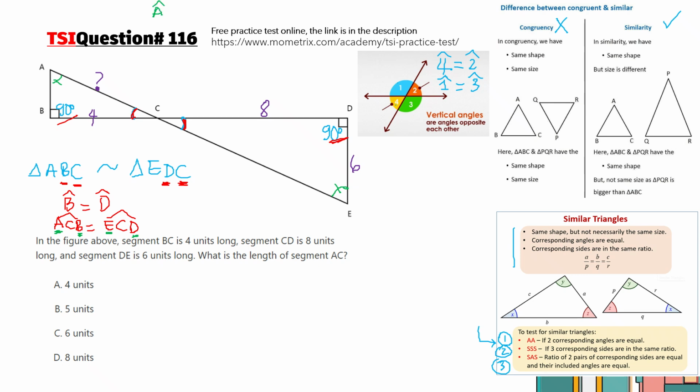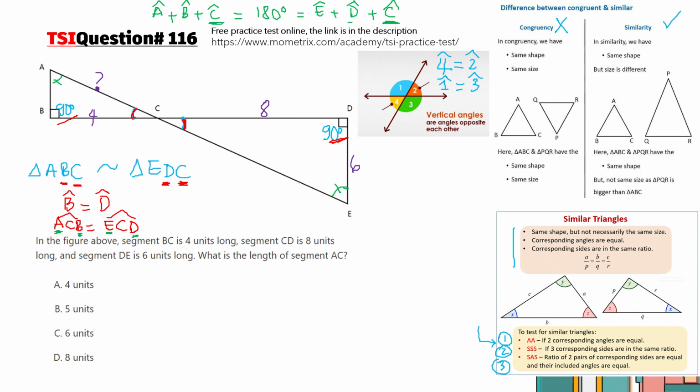So A plus B plus C equals 180, and similarly E plus D plus C again, with C inside the right triangle. We see that the two angles C are the same.